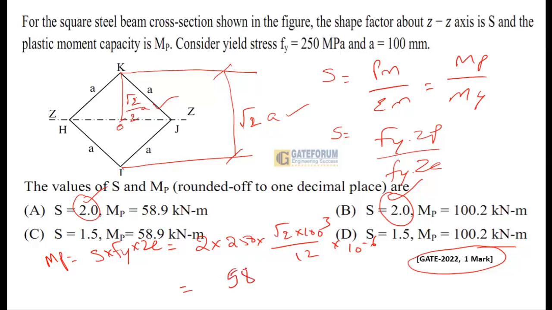Here my answer is 58.93 kilonewton meter. If you observe carefully, I have shape factor values 2 and 2, and 589.3 is almost option A. For this type of problem, option A is the correct value. Problem is solved. Thank you.